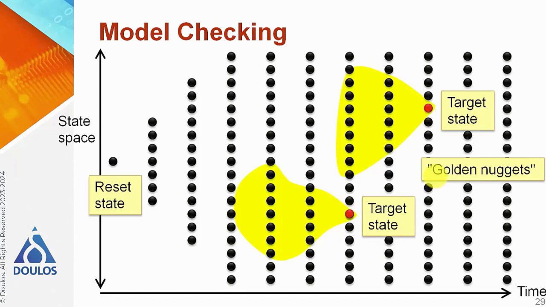I'm calling these golden nuggets because they represent very, very significant areas of the state space of the design. A golden nugget could represent an astronomically large number of states, but it's not the entire state space. It's typically not an end-to-end thing. Typically, it's just representing a local area of the state space of the design where we know we're good. We know the property is proven. We know we've been able to satisfy a particular cover directive or prove a particular assertion.